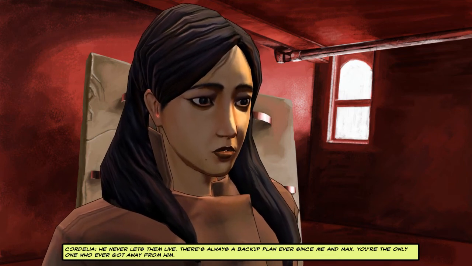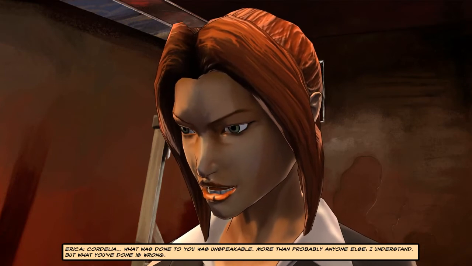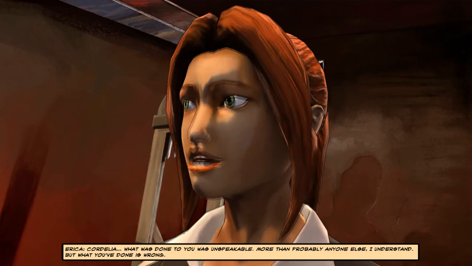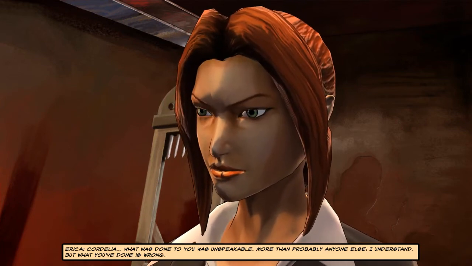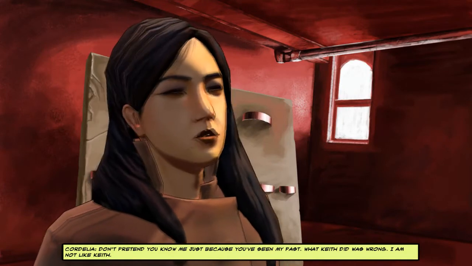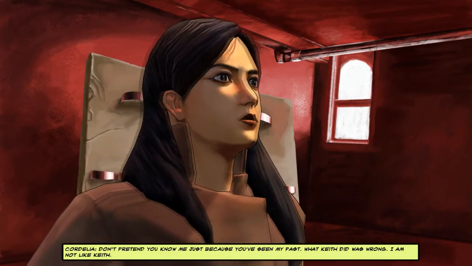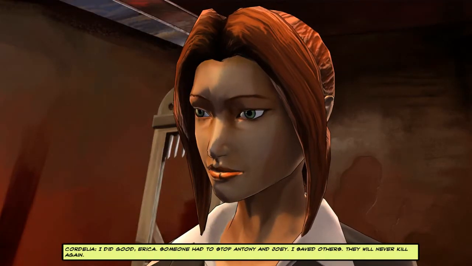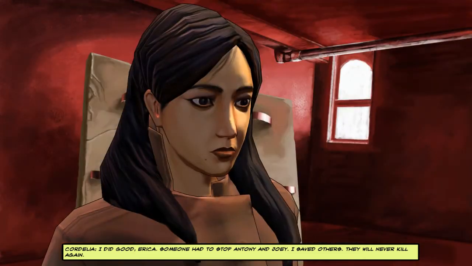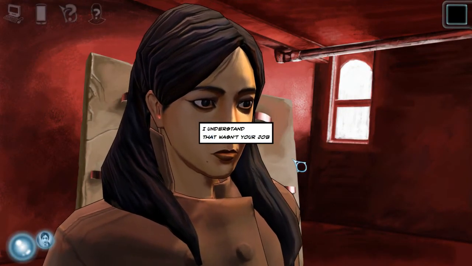You're the only one who ever got away from him. Cordelia, what was done to you was unspeakable. More than probably anyone else, I understand. But what you've done is wrong. Don't pretend you know me just because you've seen my past. What Keith did was wrong. I am not like Keith. I did good, Erica. Someone had to stop Anthony and Joey. I saved others. They will never kill again.